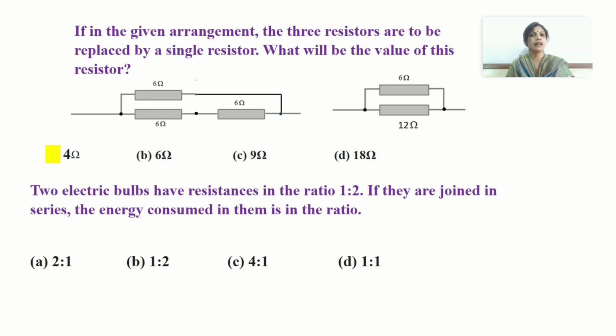So it will be I square R upon I square R. Since the current will remain constant since they are connected in series, you have to cancel the current. So ultimately it is the ratio of R1 upon R2. So the electrical energy will have the same ratio as that of the resistances. So your answer is B, 1:2.